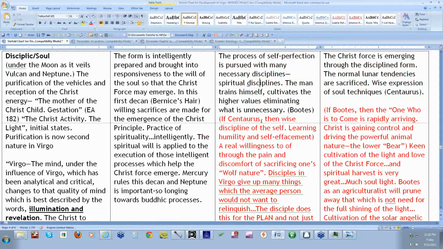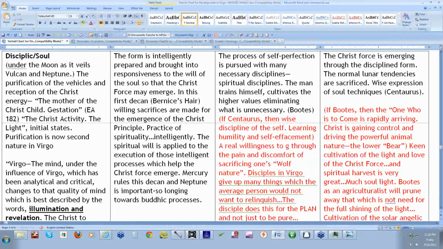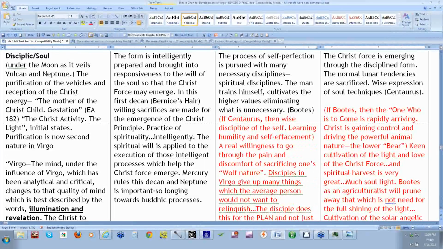There is the wise centaur here, disciplining the self, but severely so, with that spear, learning humility and self-effacement, a real willingness, that's under Vulcan, and the will being the symbol of the spear, a real willingness to go through the pain and discomfort of sacrificing one's wolf nature.